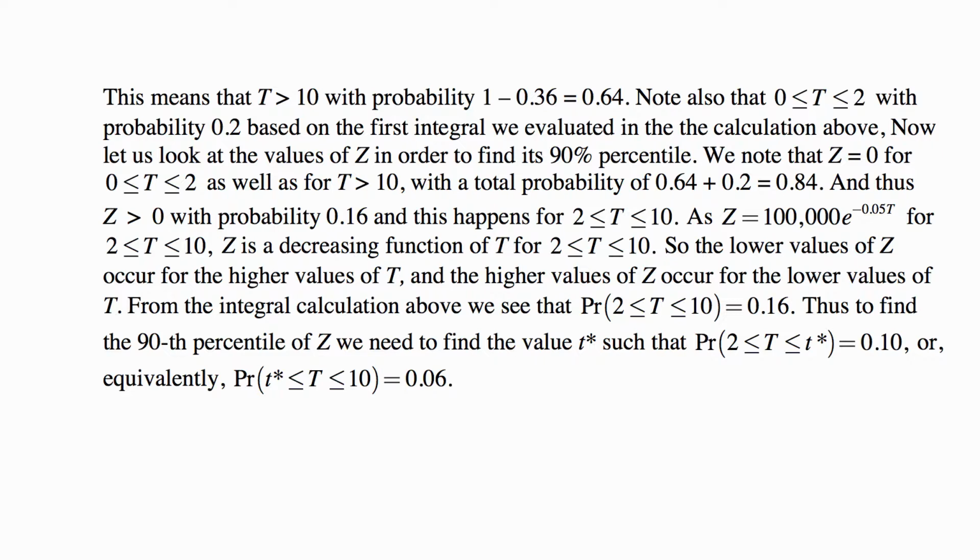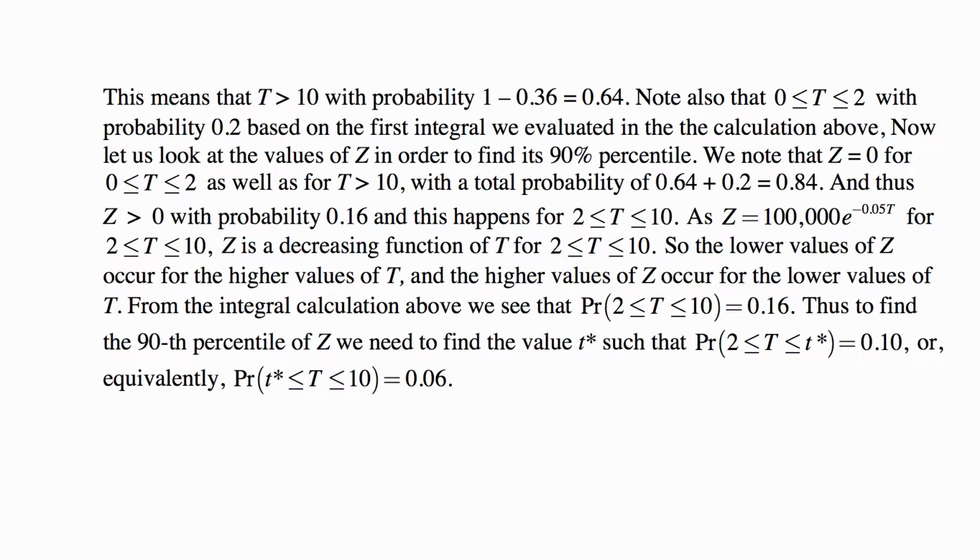So let's look at the possible values of Z in order to find its 90th percentile. Z is 0 for t between 0 and 2, and for t more than 10. The total probability of those adds up to 0.64 plus 0.2, which is 0.84. So Z is 0 with probability 0.84.